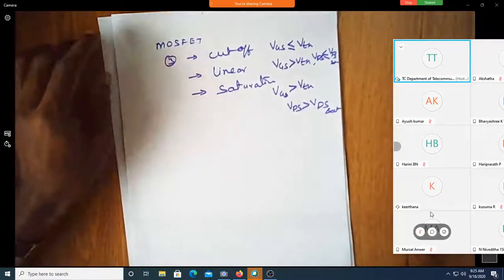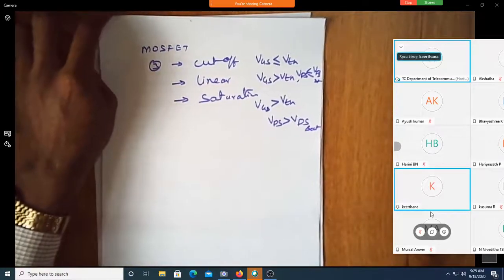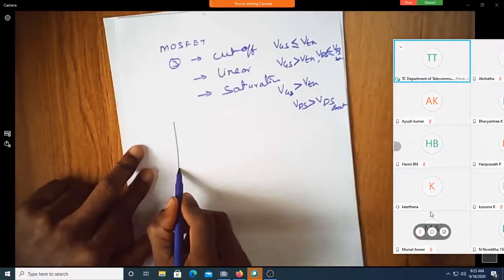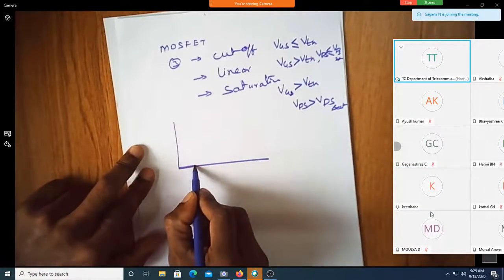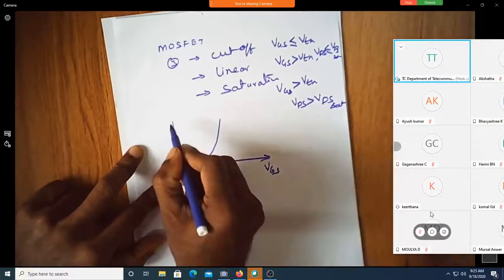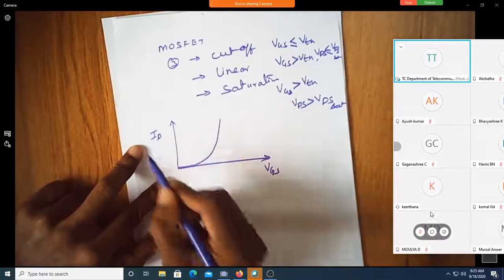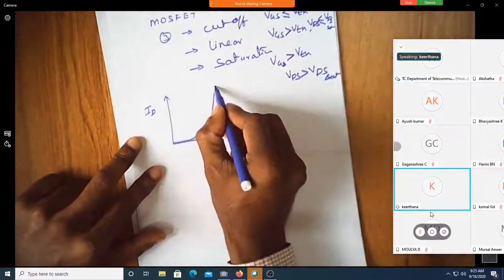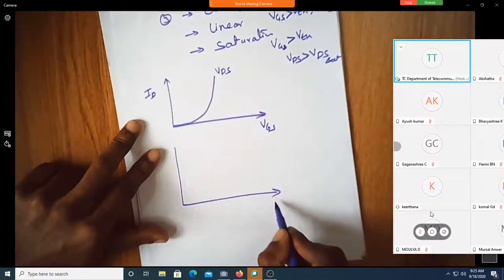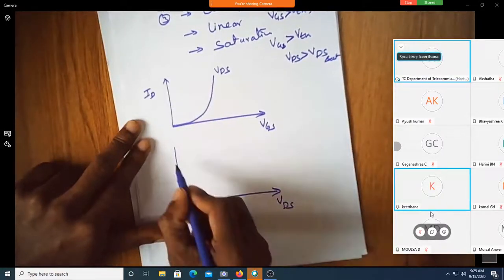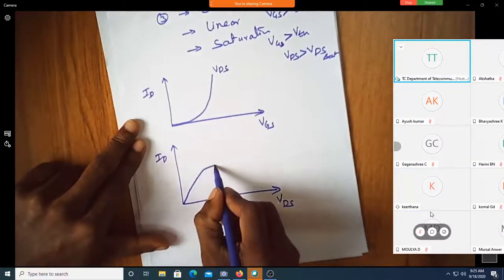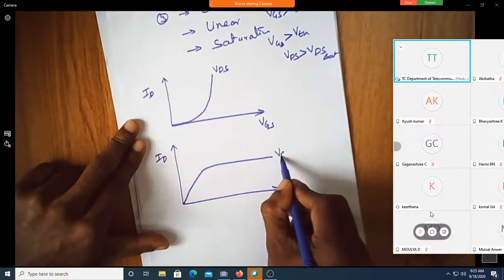Am I correct? These are the regions of operation, and we have two characteristics. One is the transfer characteristics, and this is for a given VDS. The other one is the output characteristics, VDS versus ID.